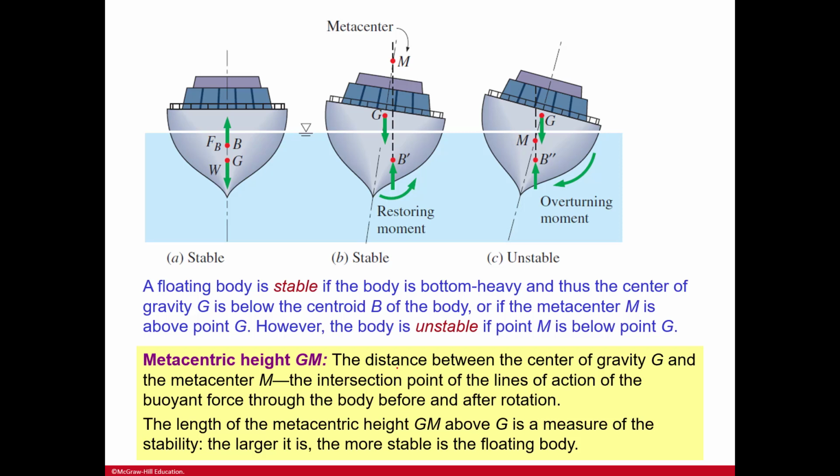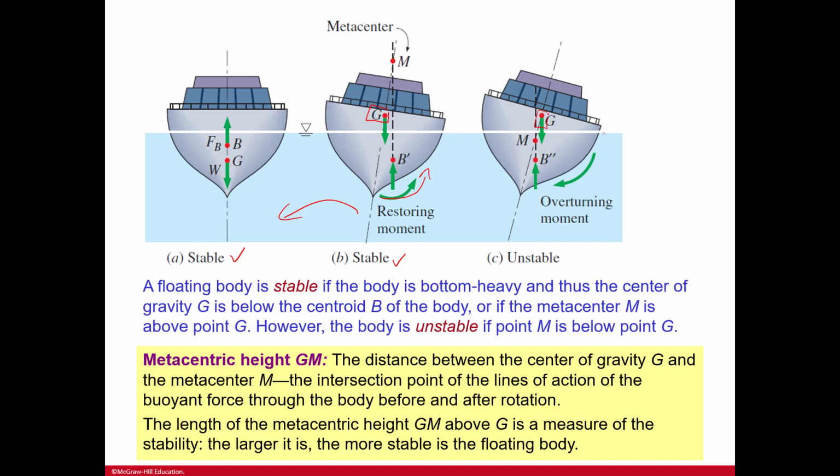And so here you see stable, and this is stable, but it's trying to get back to here, really. And then this is unstable, and it's overturning. So it's just got too much. And you can see from where G, the gravity, is below the centroid or on the other side.